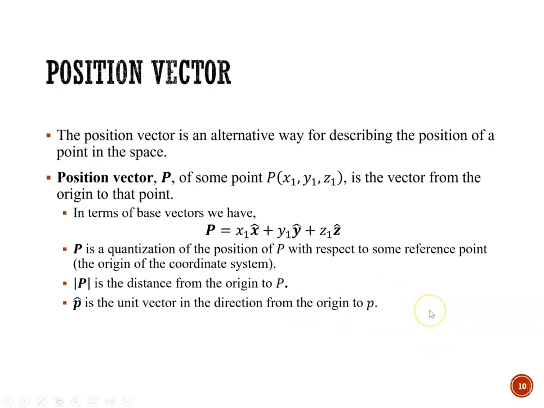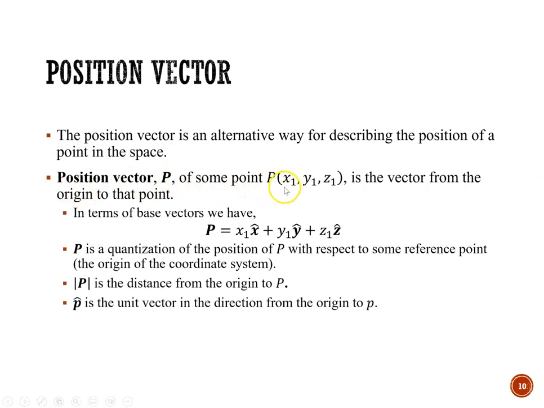What does it mean by position vector? Position vector is an alternative way for you to describe the position of a point in space. Take for example position vector P of some point.